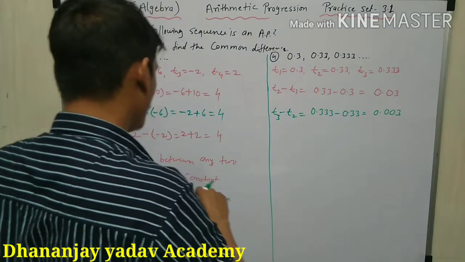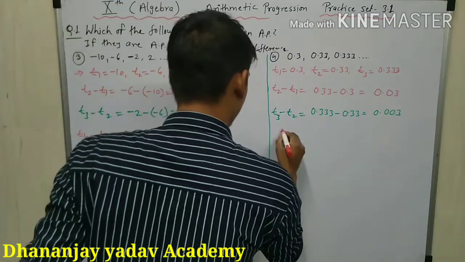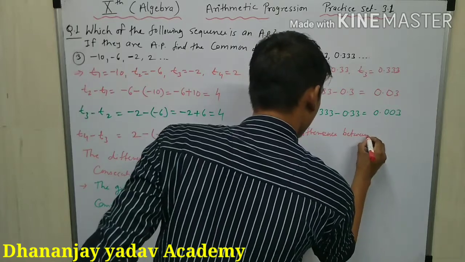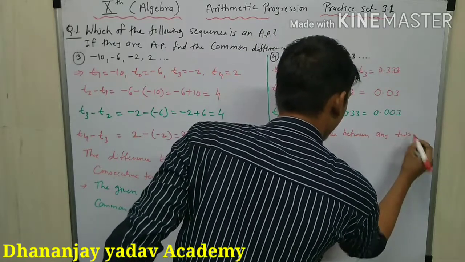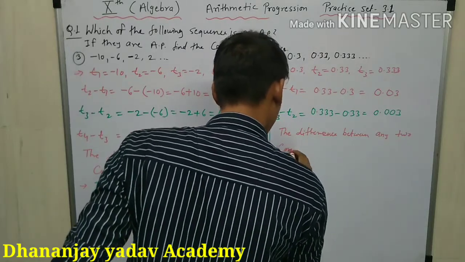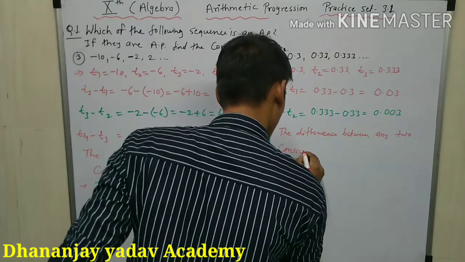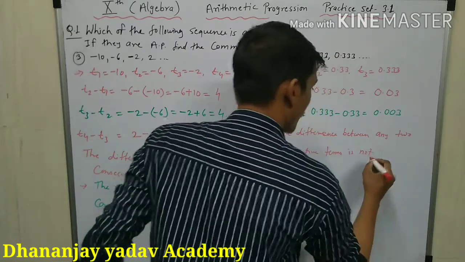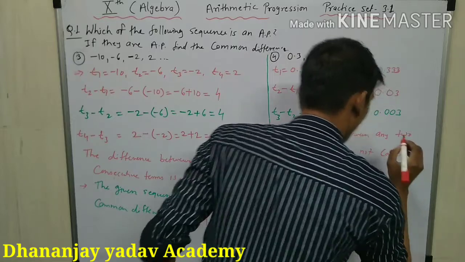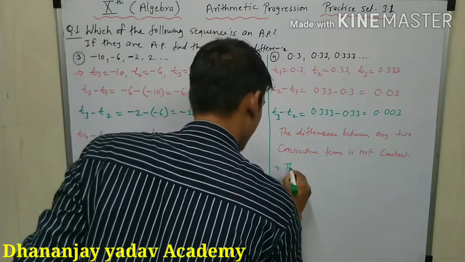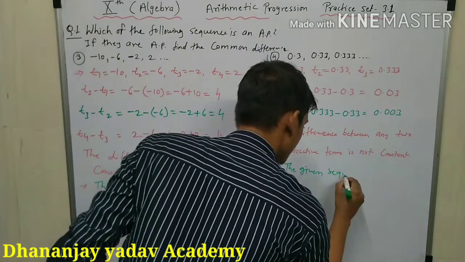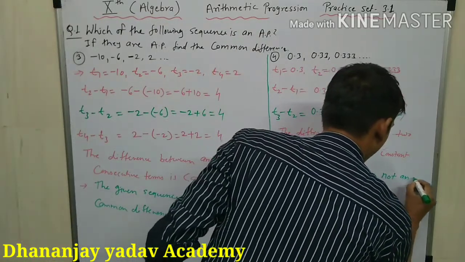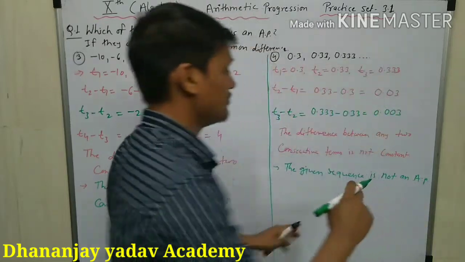No. Then you can write down here: the difference between any two consecutive terms is not constant, then the given sequence is not an AP.